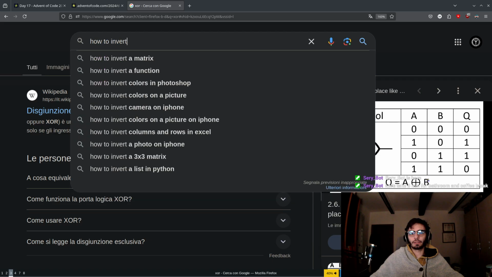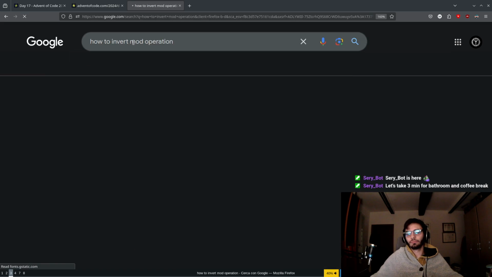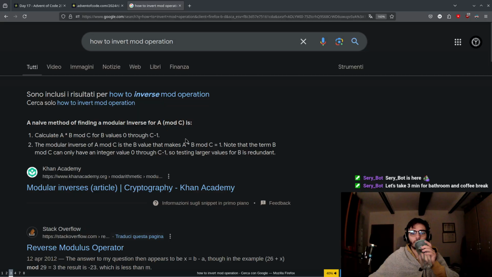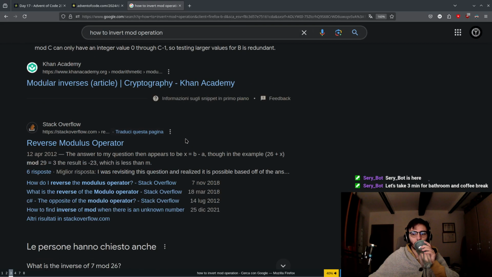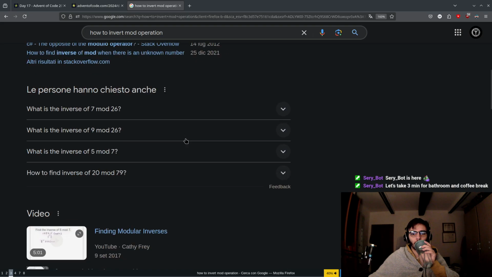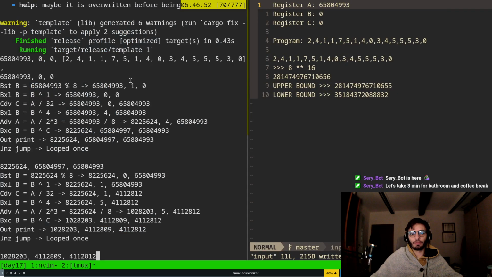How to invert a mod operation. Yeah, that would be plus the time what we had before. They don't quite save the stuff.